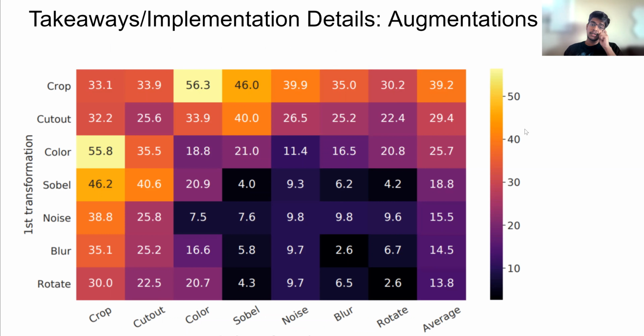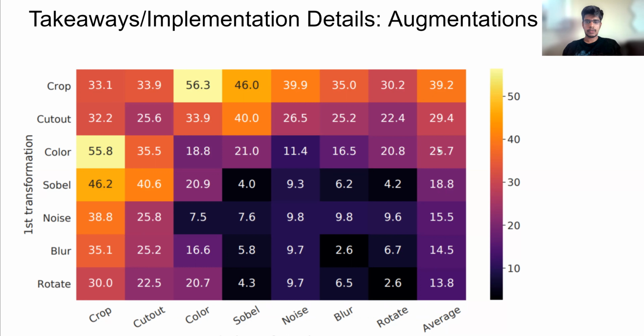They also did a comparative study of which transformations, which augmentations, are useful. If you do just 1 augmentation or 2 augmentations, which pair of them is useful? In general, you can see that cropping helps a lot. These are all top-1 accuracies on the ImageNet dataset.